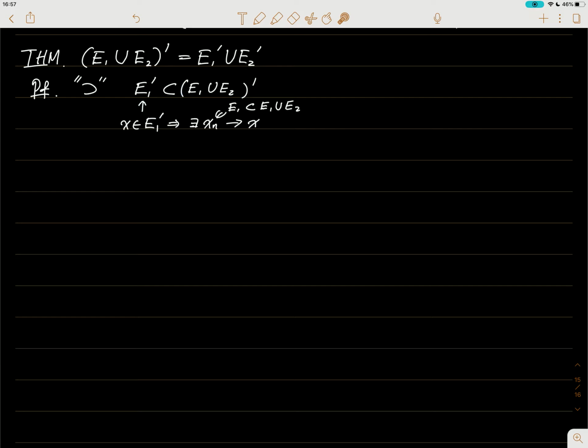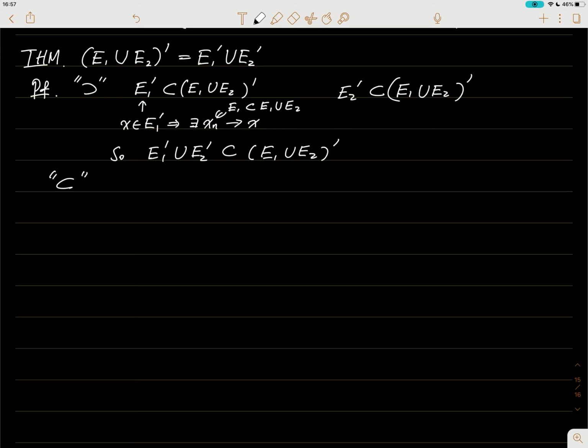You can easily show this just the same for E2. So you have E1 prime belongs to the right-hand side, and you have E2 prime belongs to it too. So the union of E1 prime and E2 prime must belong to this. Okay, so that's the one direction.